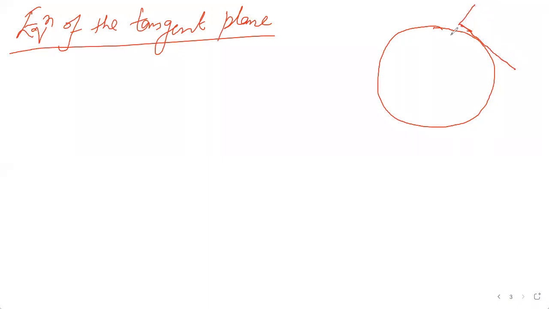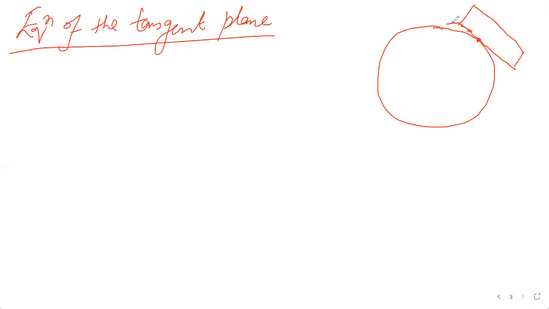So this plane is sitting on this. Keep in mind, this plane is touching at this point P. I can plot it like this, or you can plot it in 3 dimensions. So this is a plane which is tangent.